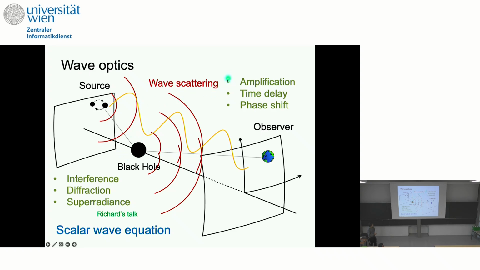In this case, in addition to the amplification and time delay, we expect interference between, for example, the direct ray and the winding ray. The direct ray goes from the source to the observer, and the winding ray goes this way, winding around the black hole, and then goes to the observer. Such interference or diffraction, and superradiance, which was already nicely covered by Richard's talk, can be expected in wave optics.